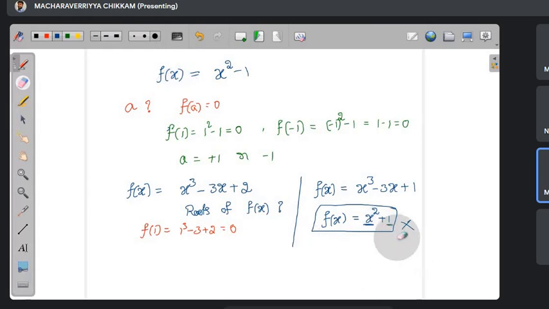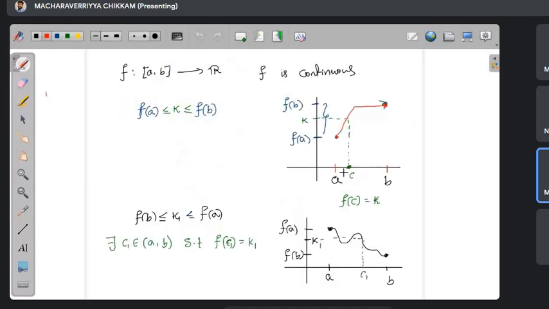So we need to decide whether it has a root or not. To know whether it has a root or not, the intermediate value theorem will help us. And that too, it may not help you when you have a root with multiplicity. I'll tell you what I mean.